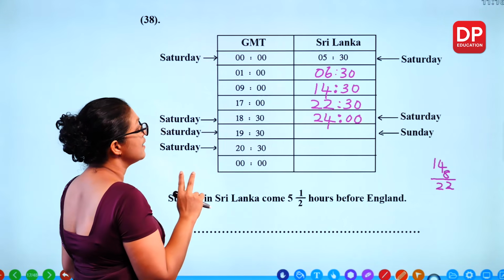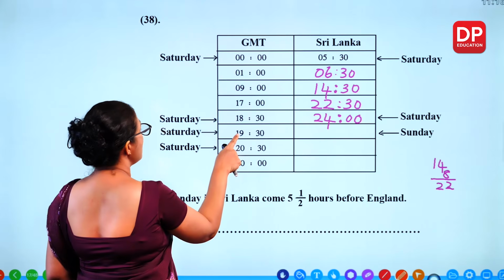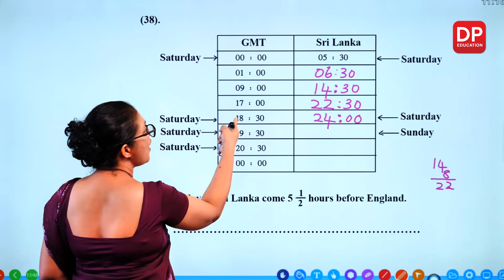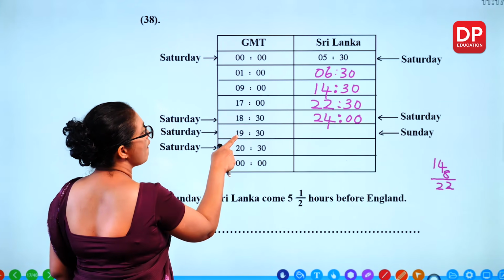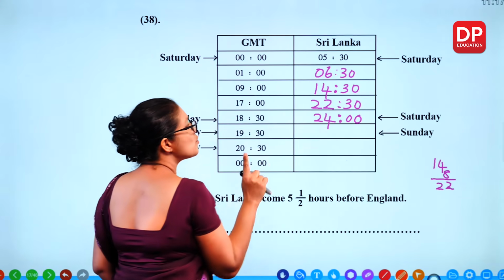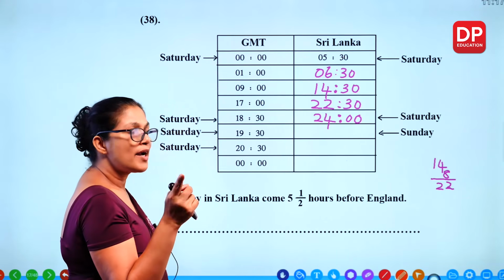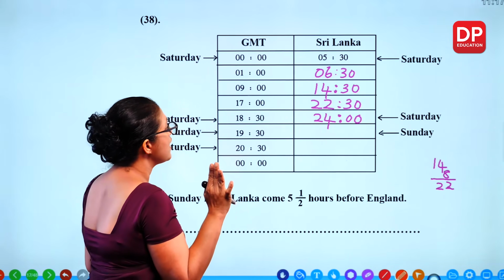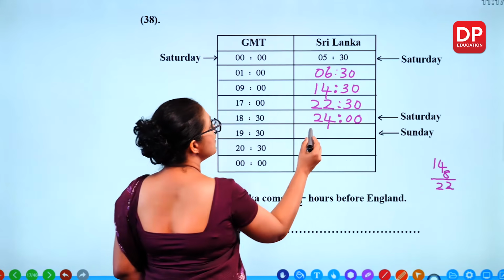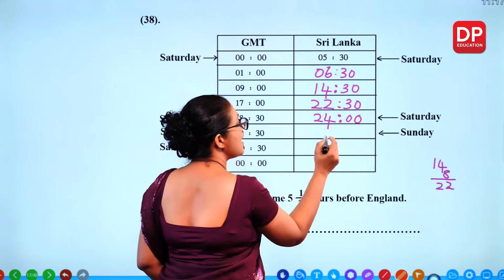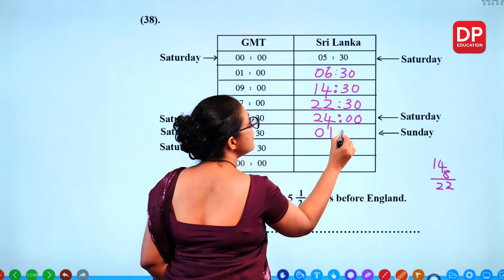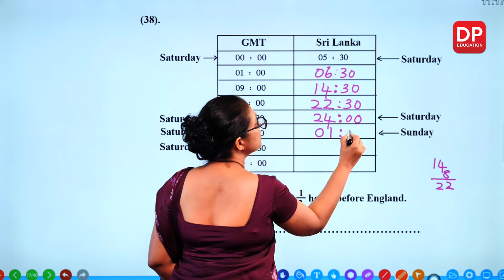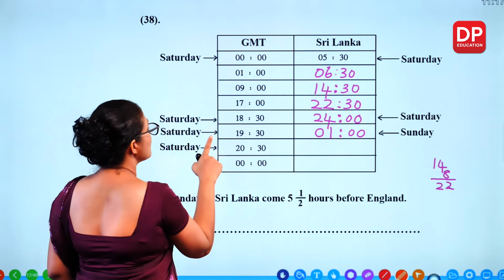So this is still Saturday. Now what happens if this is 1930? You have to add 1 hour more. 24 plus 1, 25. We don't write it as 25. So that's next day morning, 1 a.m. Look at this one.